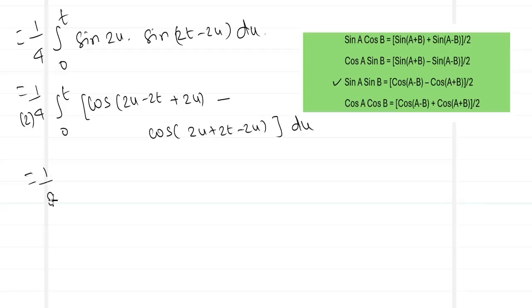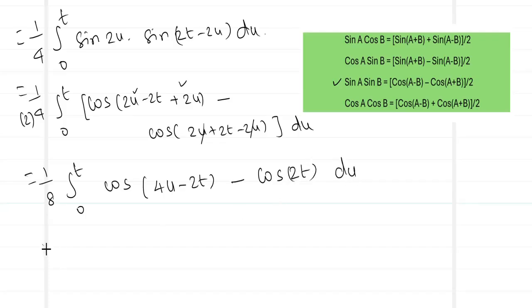So this gives me 1 by 4, 2 fours are 8, integral 0 to t. What happens over here? The first term gives me 2u and 2u, so that makes it 4u minus 2t, and in the second term 2u cancels off, leaving cos of 2t, into du. Now when I integrate cos of (4u minus 2t) du, it gives me sine of (4u minus 2t) divided by the constant value with u, which is 4.